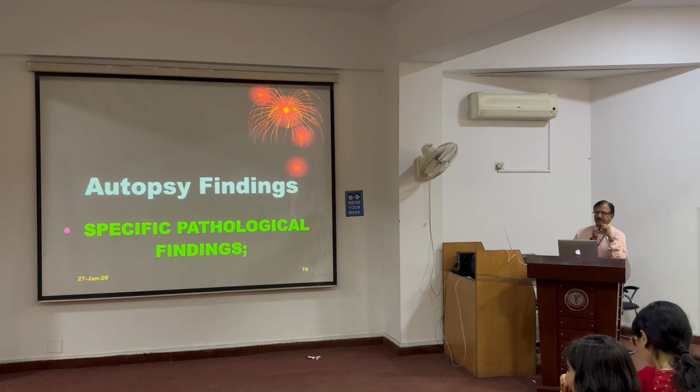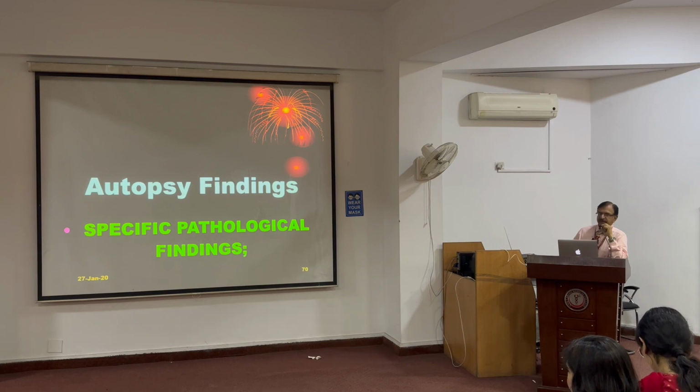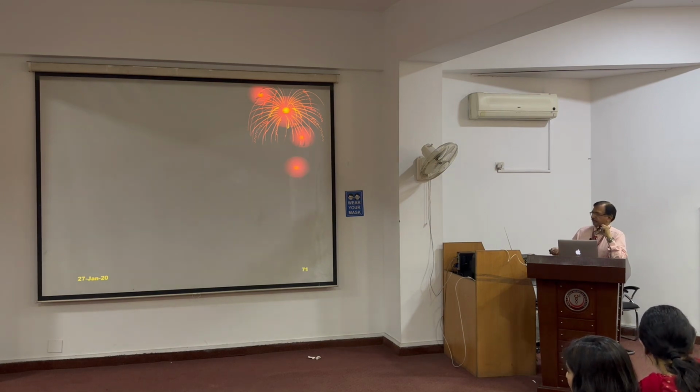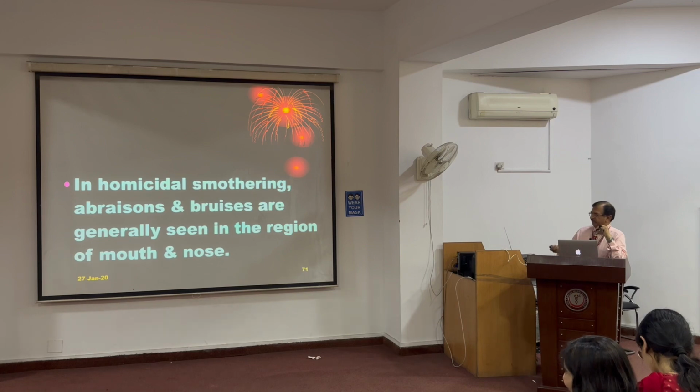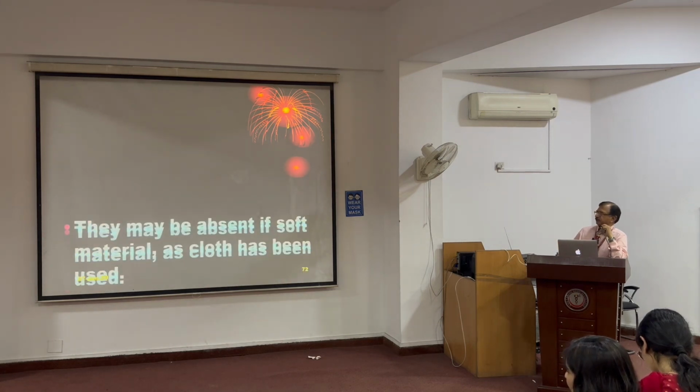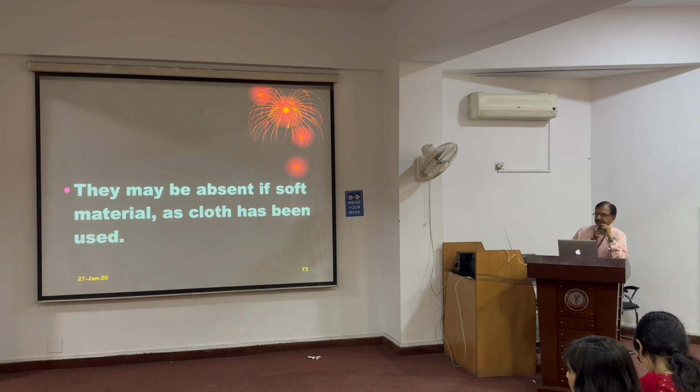There will be abrasions, there will be bruises around the nose and mouth, and we should try to look inside the lips. There will be bruising on the inner side of the lips, on the gums. So these specific findings will be at the respiratory passages around the nose and mouth. But they can be absent if the material occluding the air passages is soft.